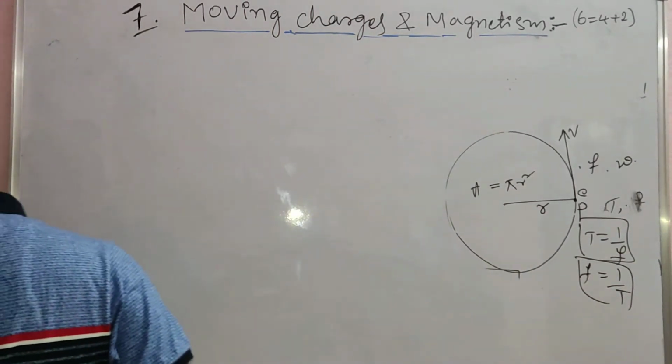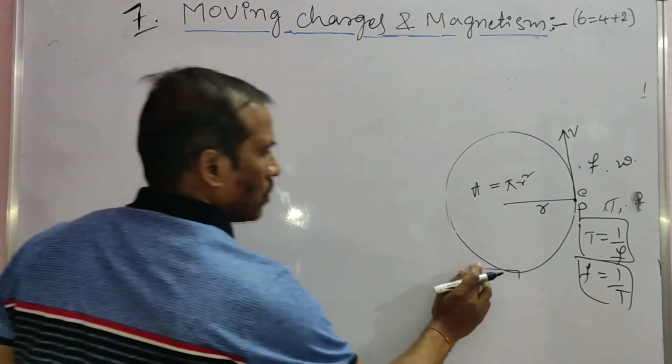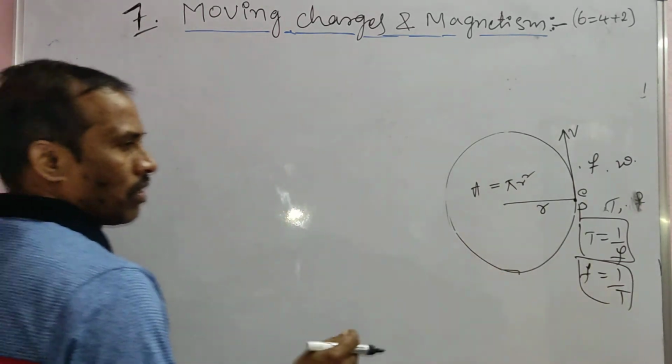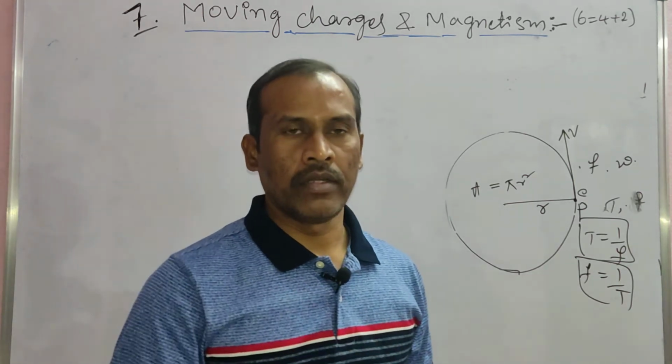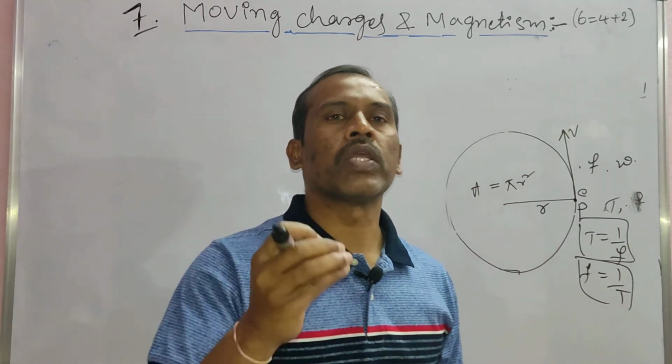Here the current of a revolving electron is equivalent to a circular current.